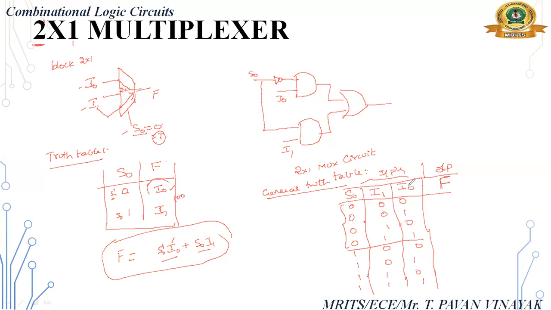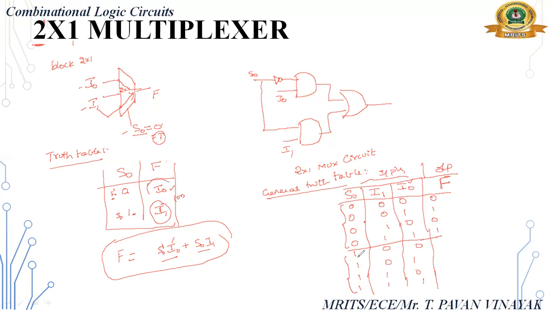What are the I naught values here? 0, 1, 0, 1, right? I naught values. Next, if S naught is equal to 1 means we get I1.